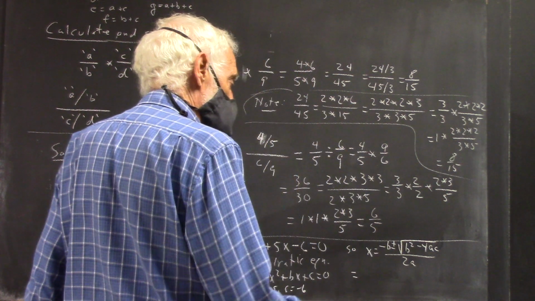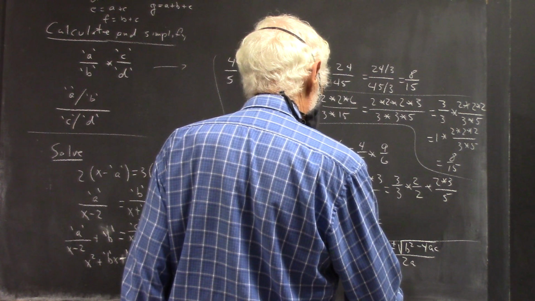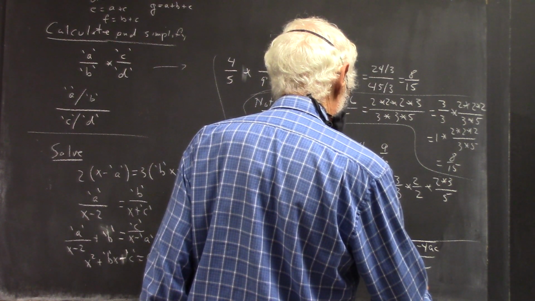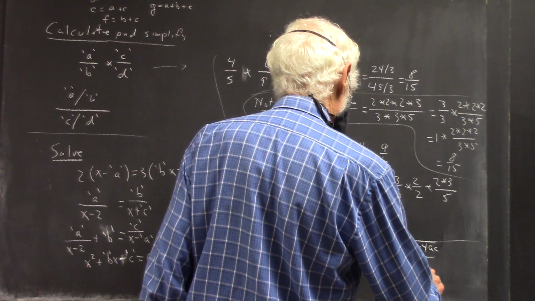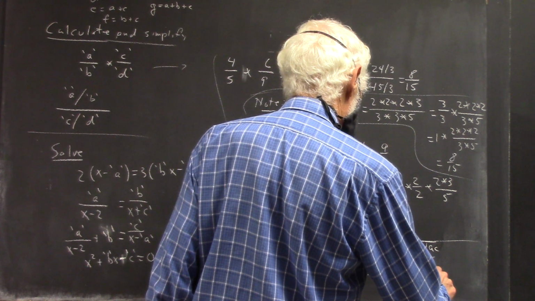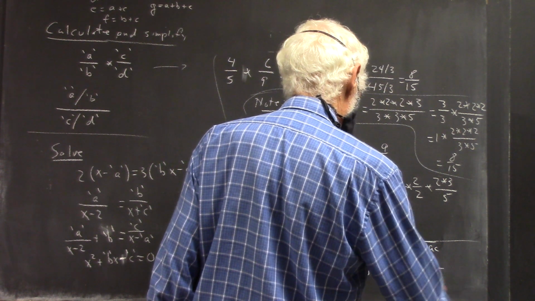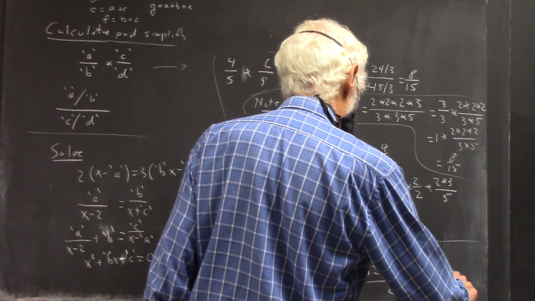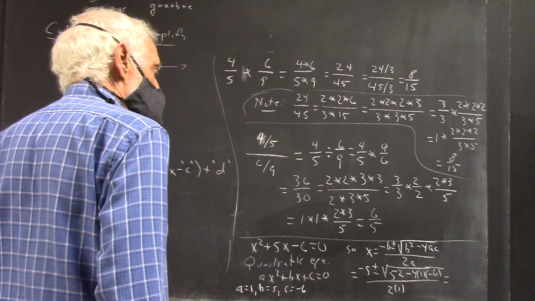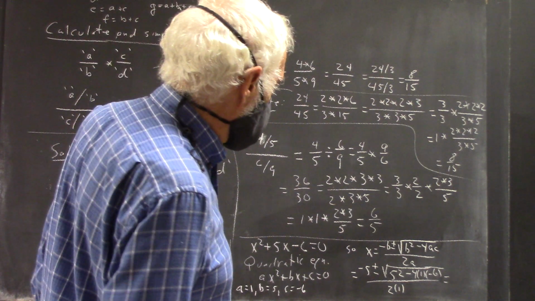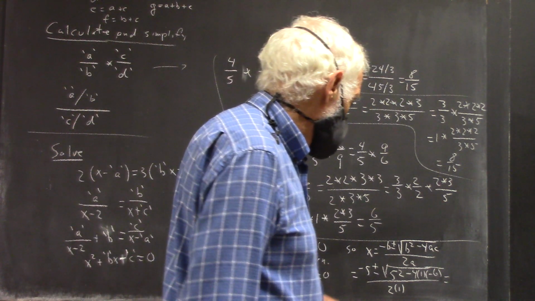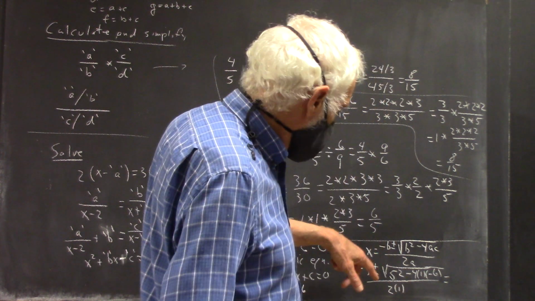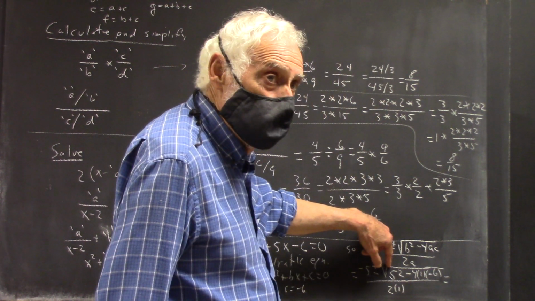And then that's easy, you just plug in -5 plus or minus the square root of 5 squared minus 4 times 1 times -6, all divided by 2 times 1. Okay. What's that equal? Well, 5 squared is 25, right?